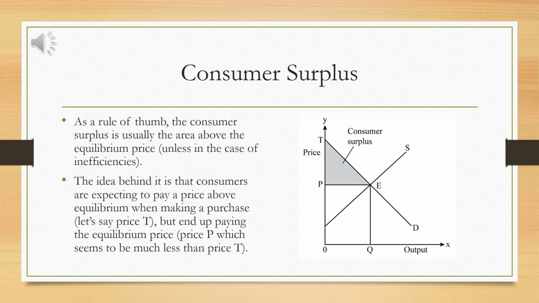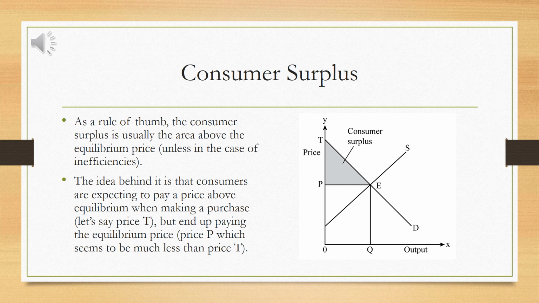As a rule of thumb, and in case of a lack of market inefficiencies, the consumer surplus is usually the area above the equilibrium price. The idea behind it is that consumers are expecting to pay a price above equilibrium when making a purchase.